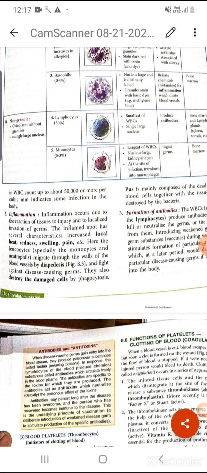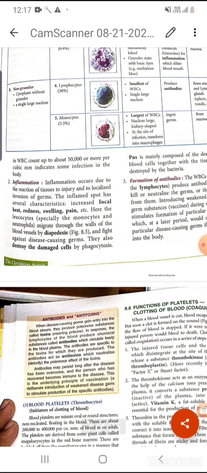Next is the second point, inflammation. Inflammation generally occurs due to the reaction of tissues to injury and to the localized invasion of germs. The inflamed spot has several characteristics: it causes redness, heat, swelling and pain where the injury has happened.